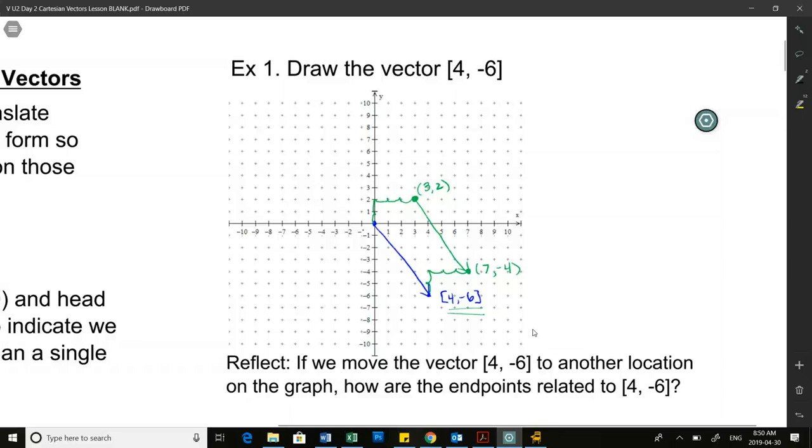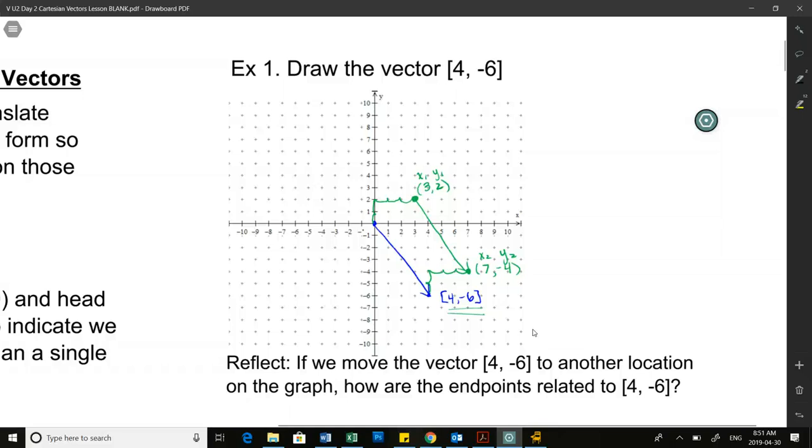Yep, so they will definitely move together if we shift them. The difference between those two points is the number. If you notice here, the difference between 7 and 3 is 4, and the difference between -4 and 2 is -6. If I call these my x1, y1 and my x2, y2, I can find where the tip of the vector would end, starting at 0, 0, if I do 7 - 3 and -4 - 2.